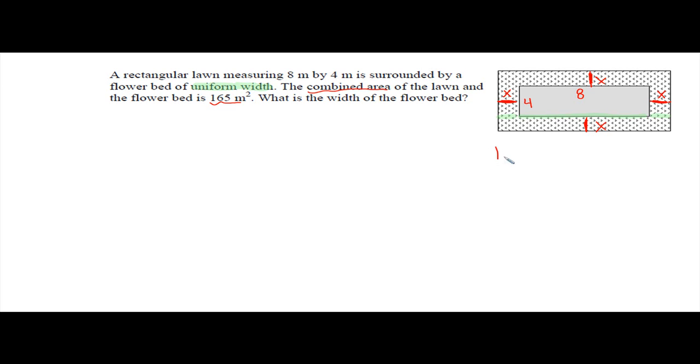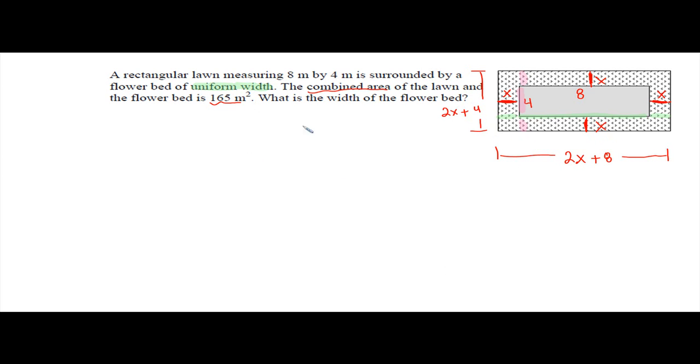So this side now is going to be 2x plus 8. Same thing over here on the other side. Before it was just 4, and then we added x and x. So this side now is going to be 2x plus 4.